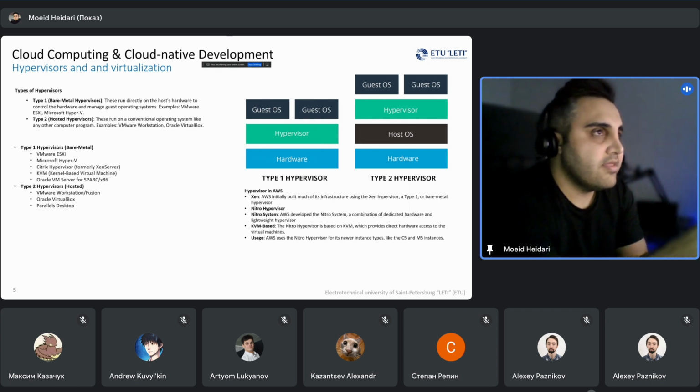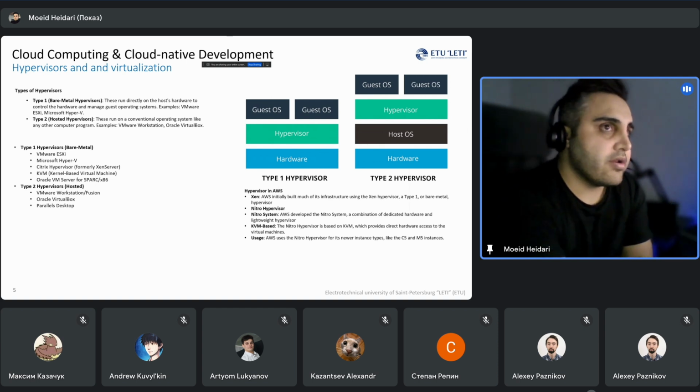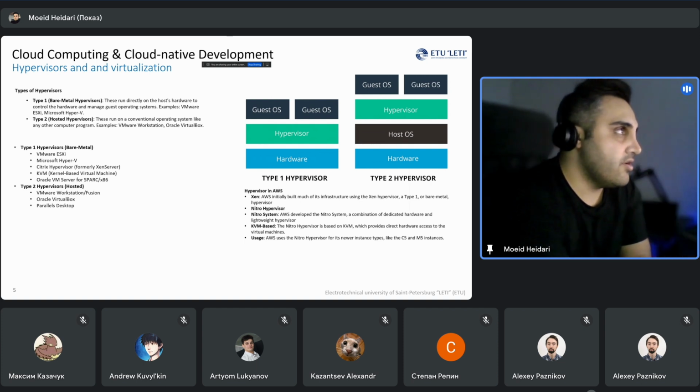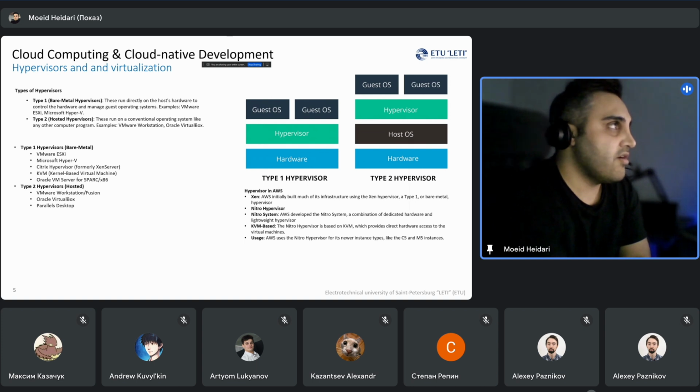So where is the hypervisor actually located? Do we need to manage our OS, or should the hypervisor be above the OS, or can we use the hypervisor directly connected to the hardware without using any operating system? Regarding this topic, we have two types of hypervisors, which is the type 1 bare metal hypervisors.